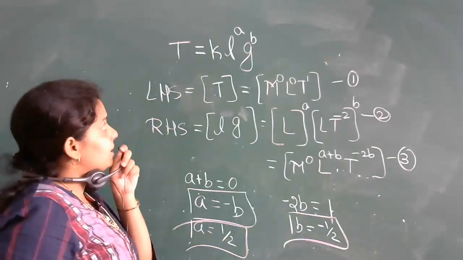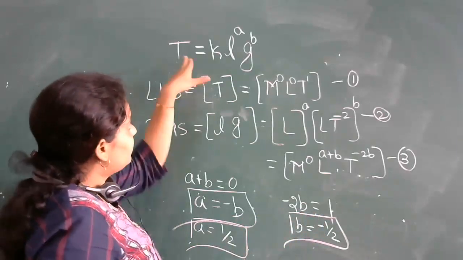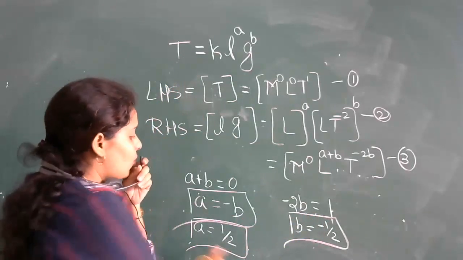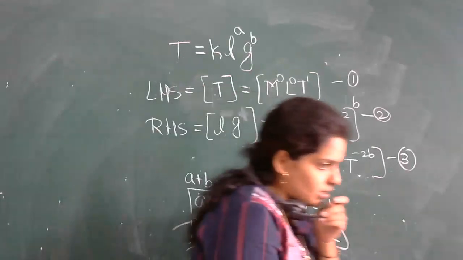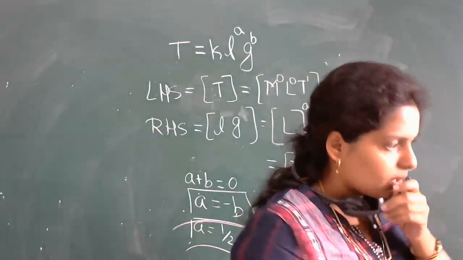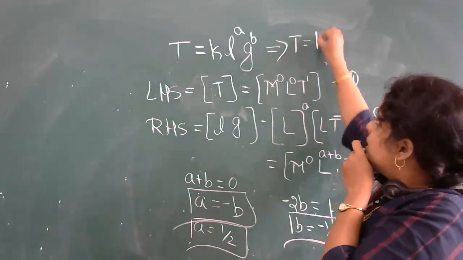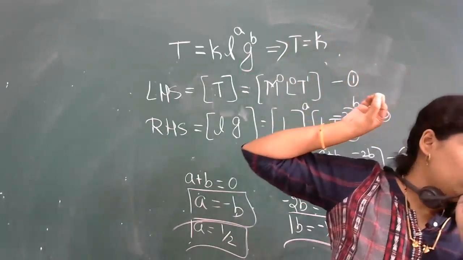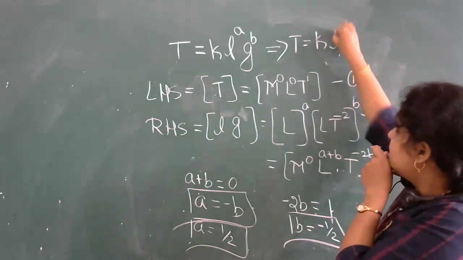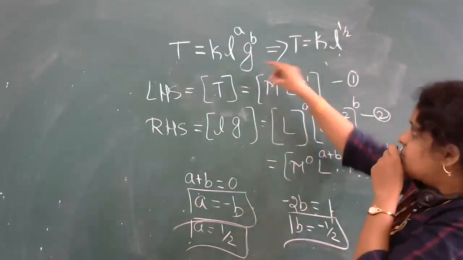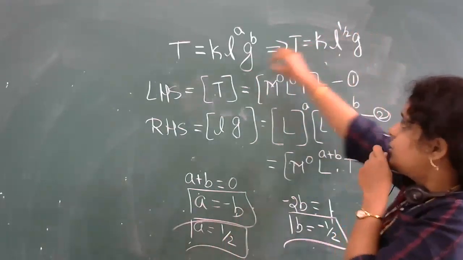Now you see this, you have T is equal to K into L raised to a, g raised to b. So I'll substitute this value, just check. Correct Alina. So this implies T is equal to K into L to the power a, which is 1 by 2. Next, g to the power what?